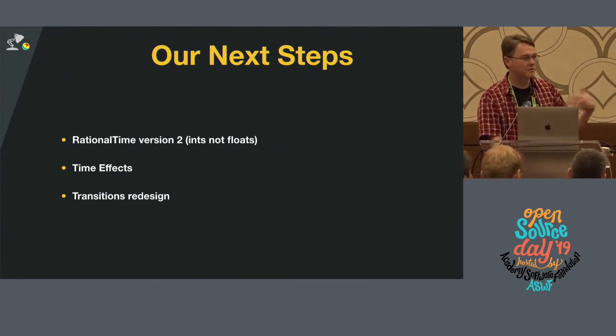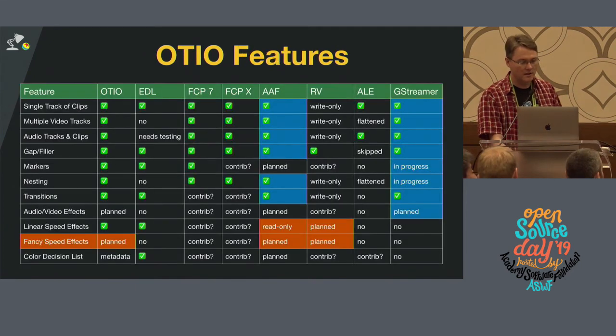So we have a proposal that we haven't posted publicly yet, but we've been working on, to move forward and do something that we think will work out better. We've also been working on the timing effects and trying to handle fancier, more complicated ones, as well as a redesign of how we handle cross dissolves and transitions.